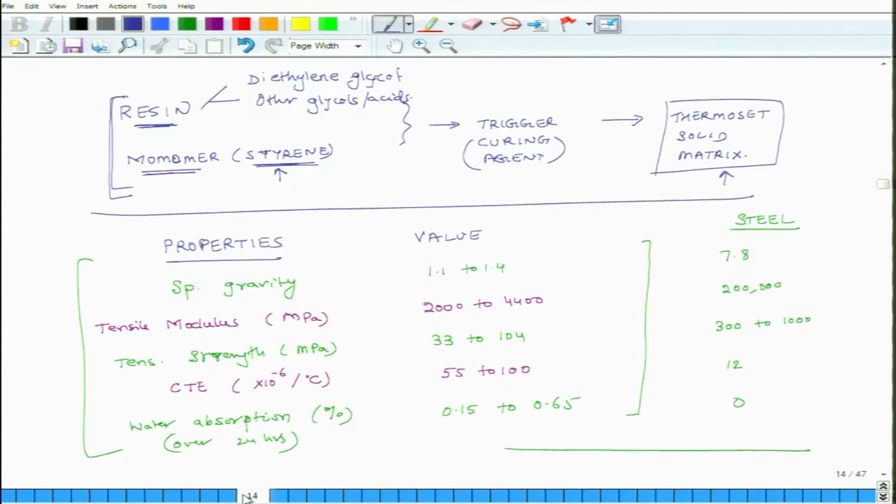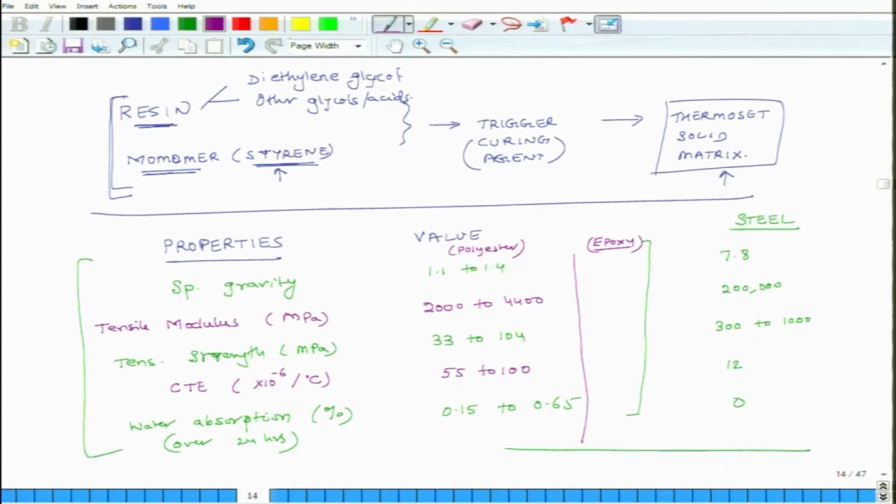Now, look at the properties of polyester. So, this is polyester, and what we will do is we will add the values of epoxies also here, so that you can have a comparison. Okay.